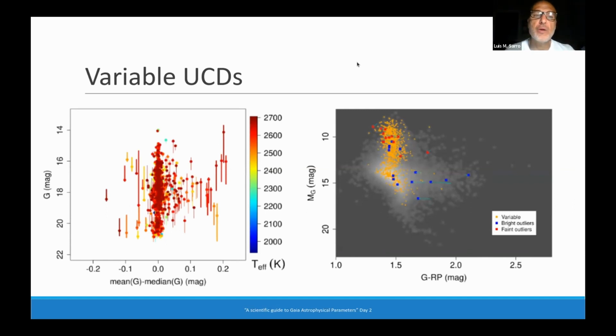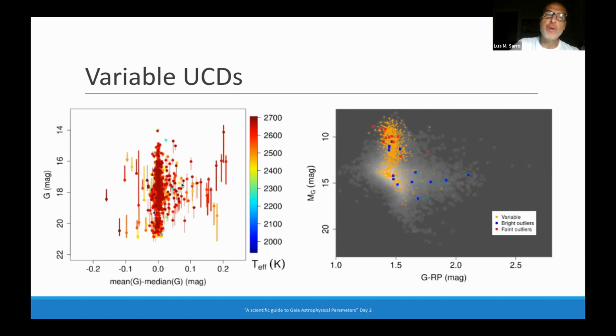In this case, we cross-match that with the results from CU7, which studies, analyzes, and characterizes variability. And we see that we have a few tens of variable UCDs. These are the orange dots in the rightmost plot. This is color absolute magnitude. All orange dots are variable.